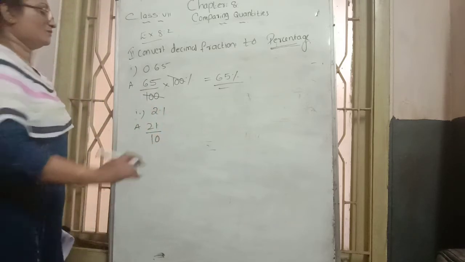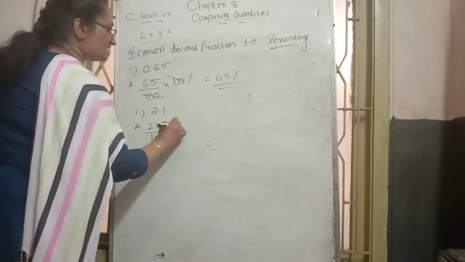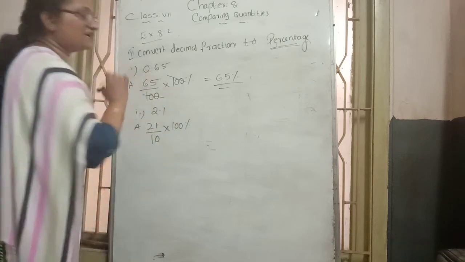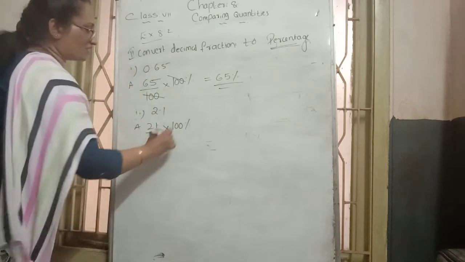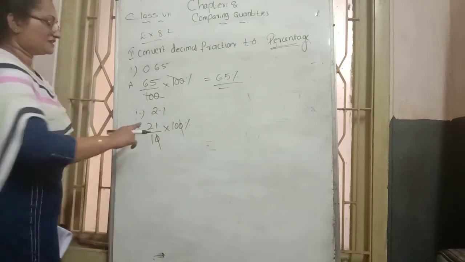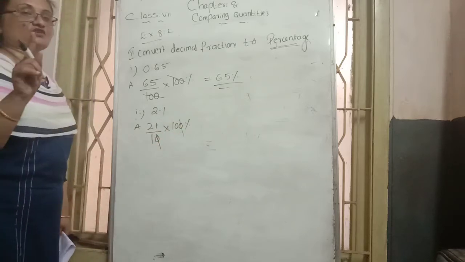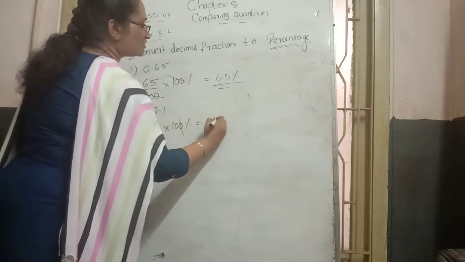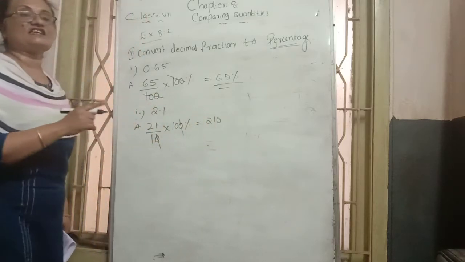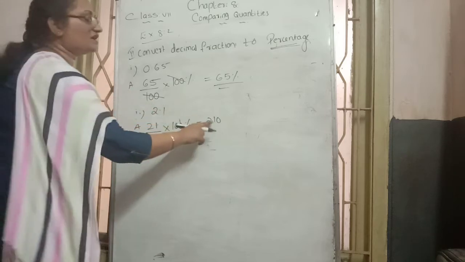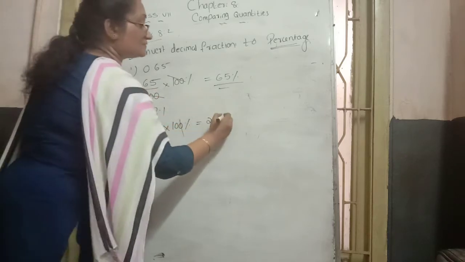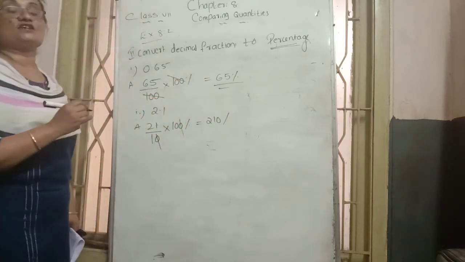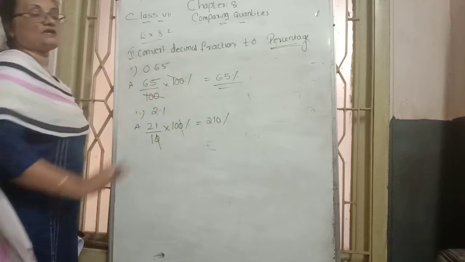And how to convert to percentage? Multiply with 100%. 10 we can easily cancel. Then the denominator becomes 1 only, leave that part. Numerator 21 into 10 becomes the same number, right? 10 is carrying how many zeros? 1 zero. That's why 210, and which symbol? A percentage symbol, to keep on the right side.